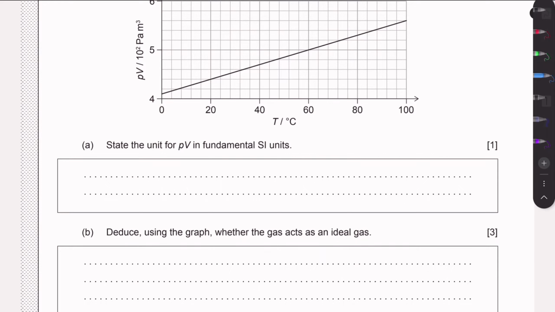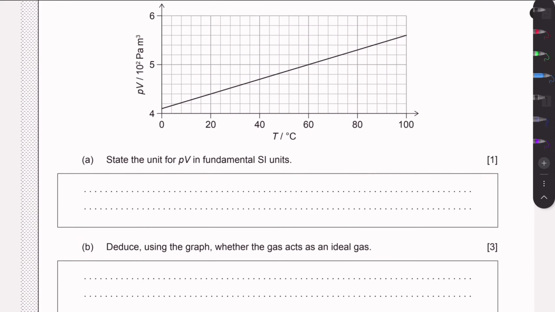If we need to state it in SI units, we need to use SI units to express these units. We see on the axis of the graph that PV has units of pascals times cubic meters, as that's pressure times volume, but this is not good enough yet, as we need to simplify it a little bit more.